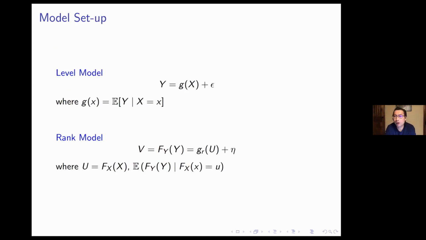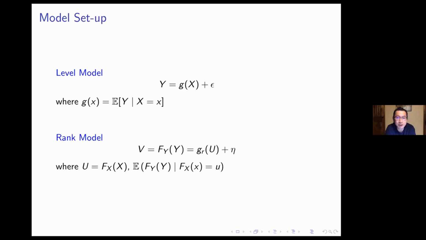So let's start with a basic model that people have been estimating, and think about, not the true model, but the conditional expectation for this level-on-level model and the rank-on-rank model. Both of them could be nonlinear, right? The underlying process could be nonlinear. Y is the child income level, and X is the parental income, and they are related with each other in a nonlinear fashion.